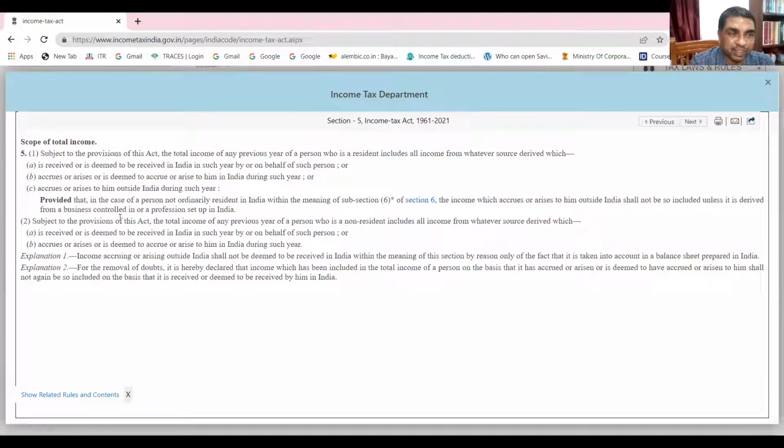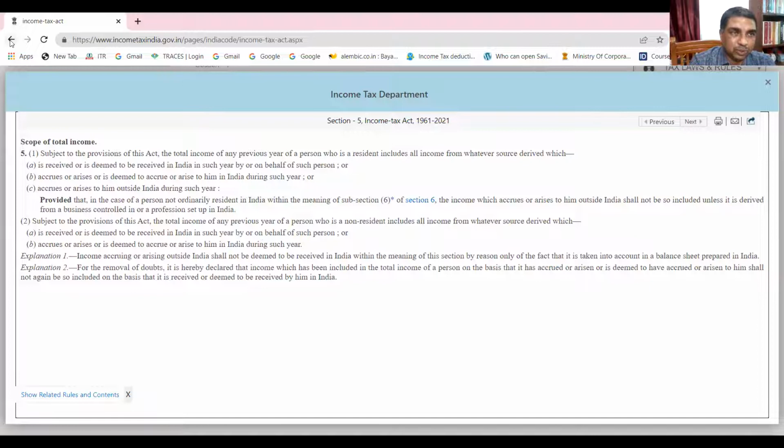That means all kinds of income, whether Indian income or foreign income, is taxable to a person who is resident in India. This particular provision we had summarized in the slide, so you can read this provision.